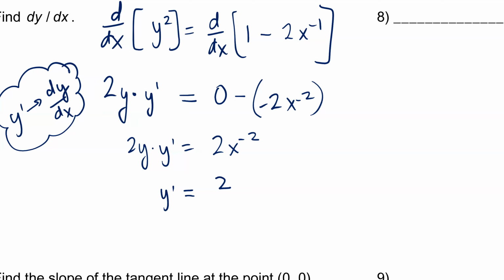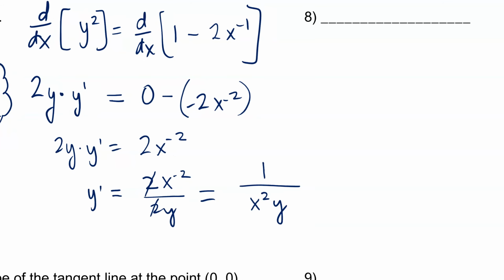So I have 2x to the negative 2 over 2y. The 2's go away, and I'm left with 1 over x squared times y. Why did I put x squared on the bottom? Because it's x to the negative 2 power. So y prime is equal to 1 over x squared y.